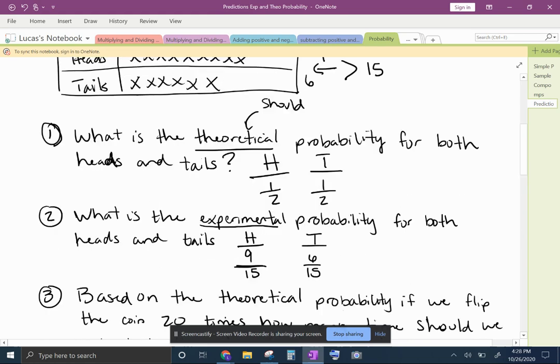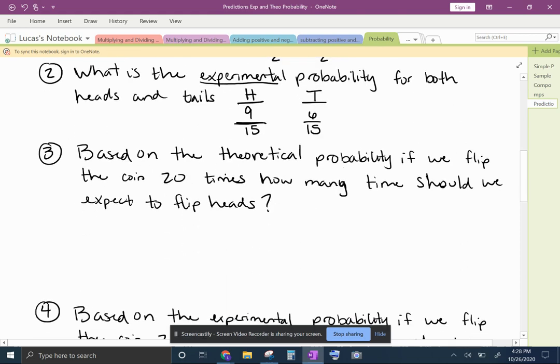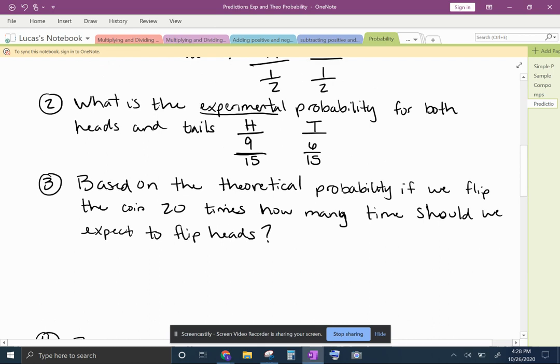And we could reduce that if we were to reduce it by 3. Now it says, based on the theoretical probability, if we flip the coin 20 times, how many times should we expect to flip heads? Well, we know that the theoretical probability of flipping heads is 1/2.